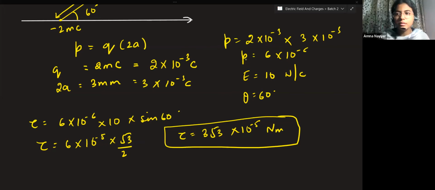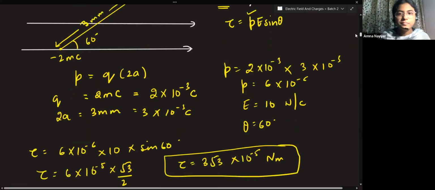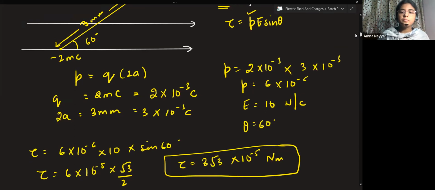Just note down the solution. Just write done when you all have written it down.